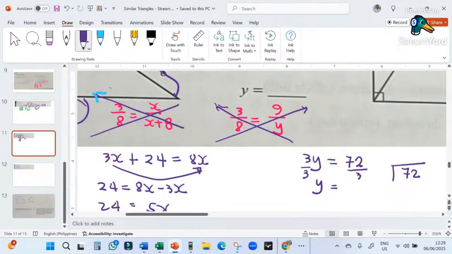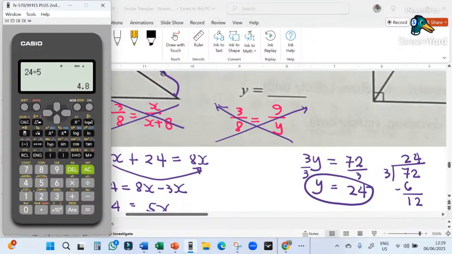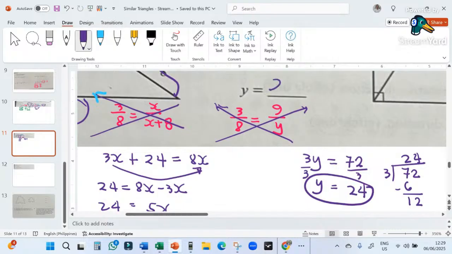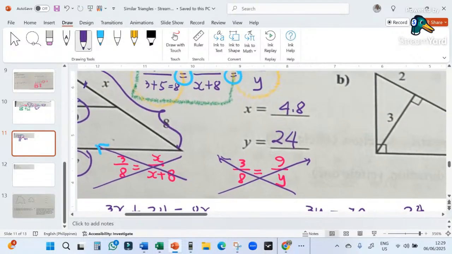Let's do the long method, divide by 3. How many 3's into 7? 2. That is 6, and then take away, 12. How many 3's in 12? 4. So that is 24. Okay, but you can use a calculator. Why not? 72 divided by 3 equals 24. Okay, so y here is 24. There you go. And we are done with letter A.